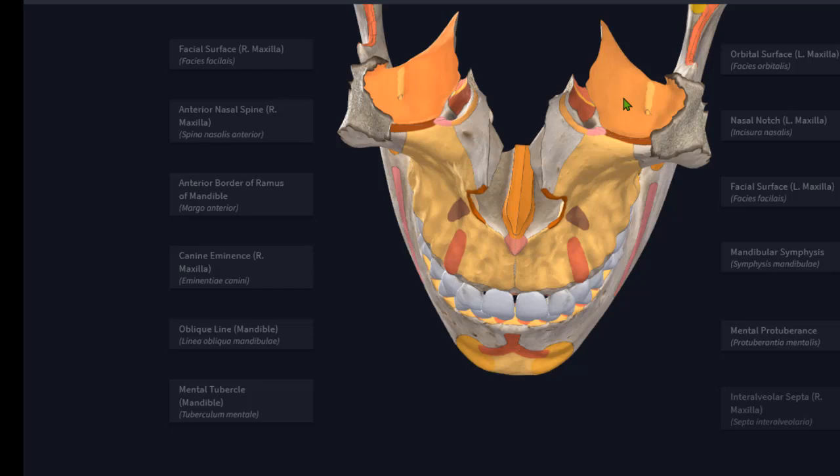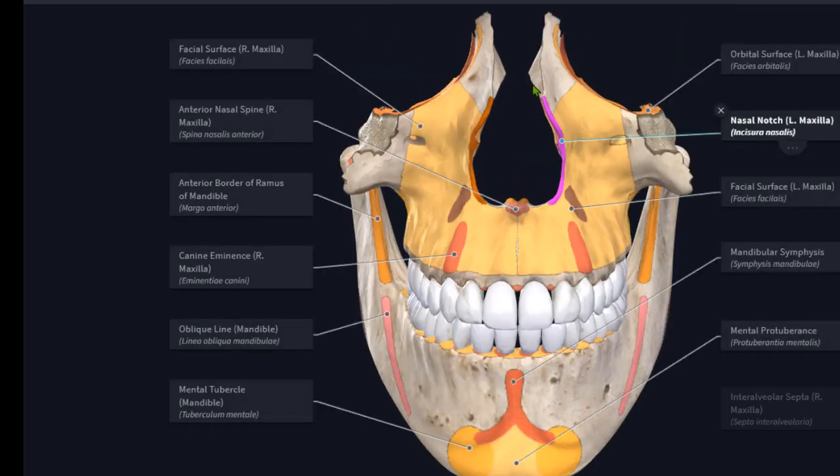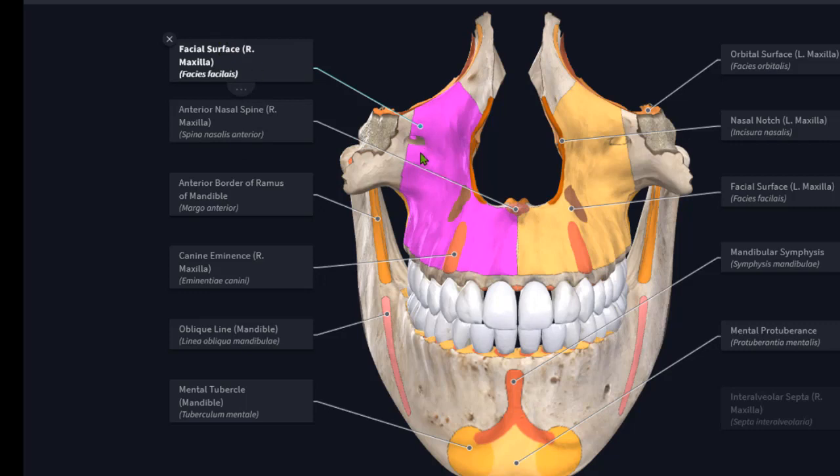Then we will get the nasal notch, which is over here. Then you will find the anterior nasal spine. This is the union of the two maxillae that makes a spine over here as the nasal spine, and this is the facial surface, or you can say the anterior surface.